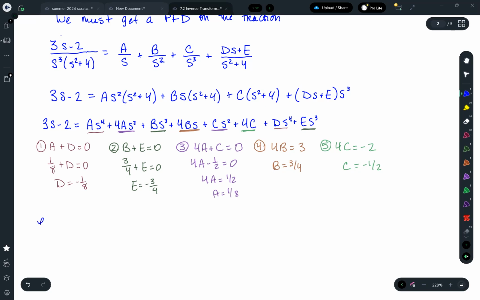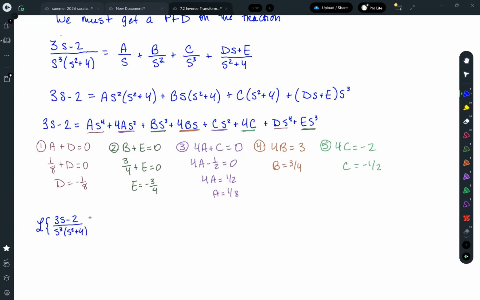So the Laplace inverse of (3s minus 2) over s cubed times (s squared plus 4) is equal to the Laplace inverse of a over s, so that's 1/8 over s, plus b over s squared, so it's plus 3/4 over s squared, plus c over s cubed, and c is negative, so minus 1/2 over s cubed, plus (ds plus e) over (s squared plus 4).